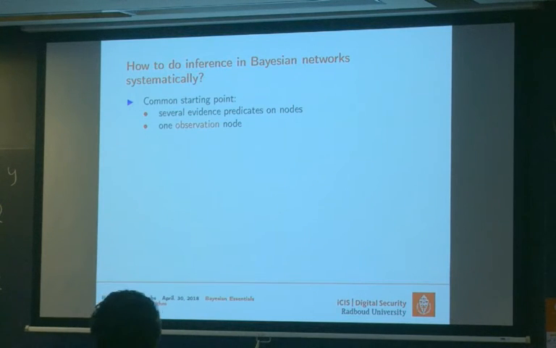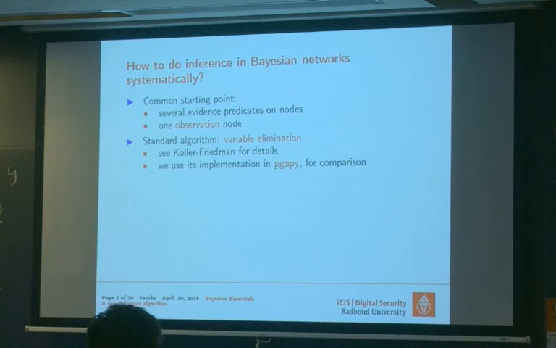And then you want to focus on a certain observation, which is the conclusion you're trying to reach. There are standard algorithms for this. We basically know how to compute this. This is a big sum, multiplication, division in order to normalize things. But the question is how to do this efficiently, especially in bigger networks. Because things blow up very quickly, and you need to have a good strategy to keep size limited.